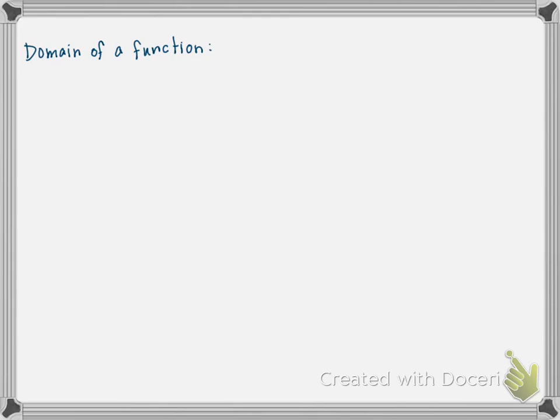You guys remember what the domain is? Yeah, it's the set of all the inputs. So if you take every single input, combine it into one set, that's the domain. So all the possible things that I can plug into the function. So it's the set of all possible inputs.